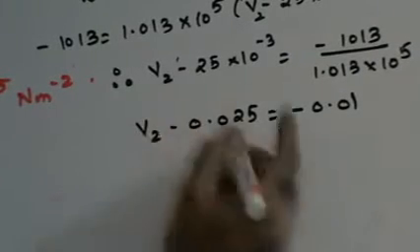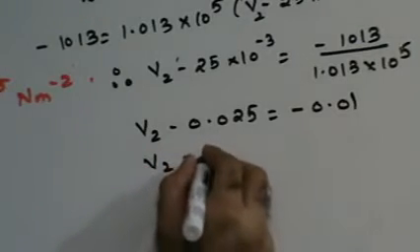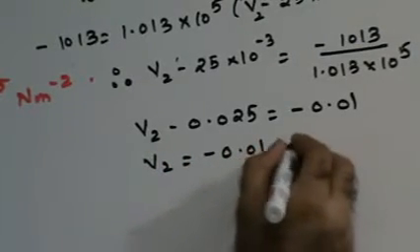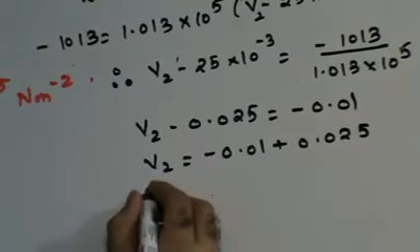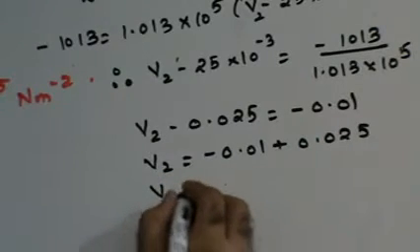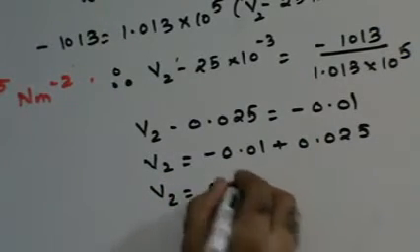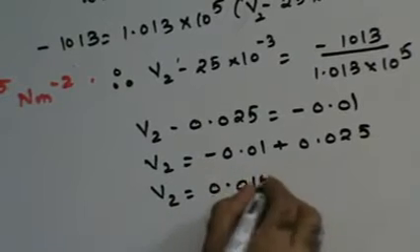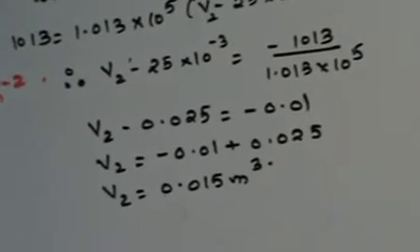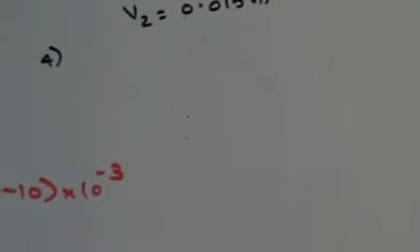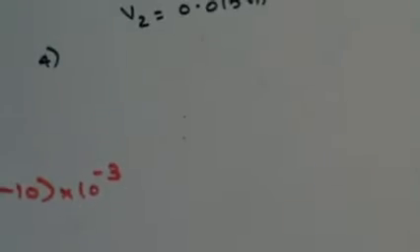Take this term to the other side, so I get V2 is nothing but negative 0.01 plus 0.025. So you will get V2 equal to 0.1015 meter cube. That is going to be the final volume of the gas. Next, take the next one please.